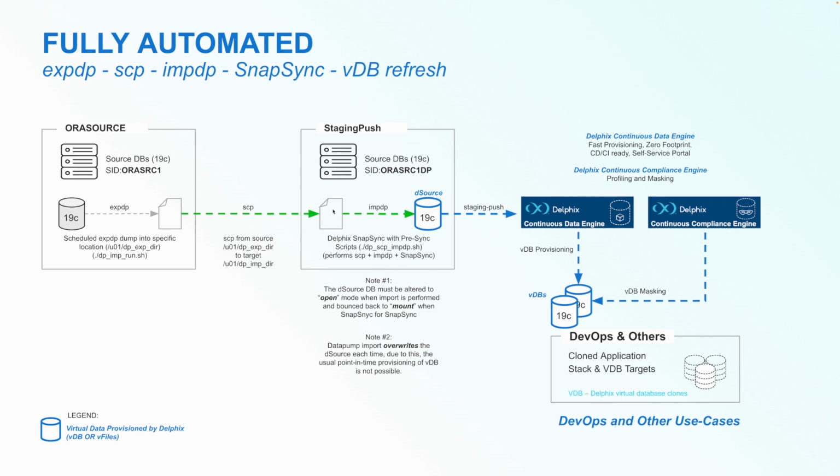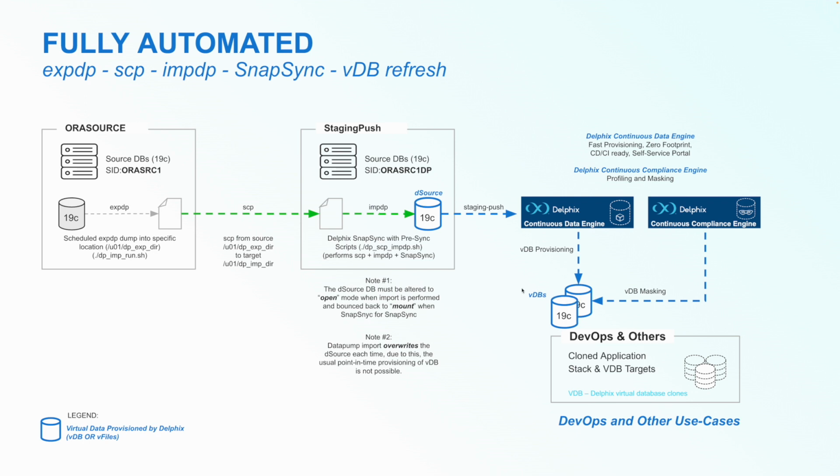And once the dump files are there, we can then perform an impdp import, and that would import the database files into the right location in our dSource structure. Once that is done, we can use Delphix SnapSync to snapshot the dSource, and from there we can provision VDBs into the downstream environment.